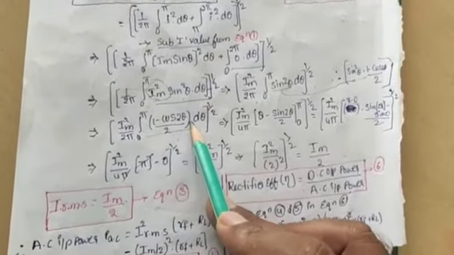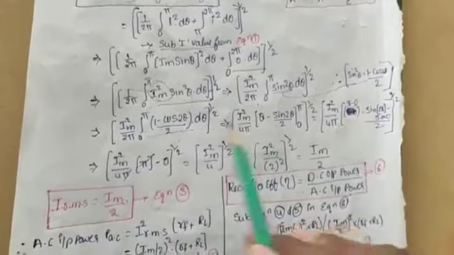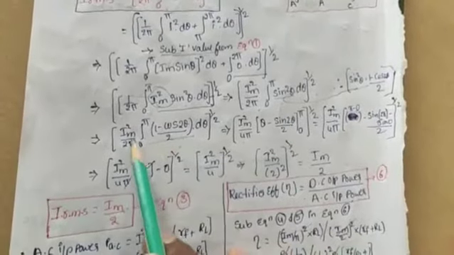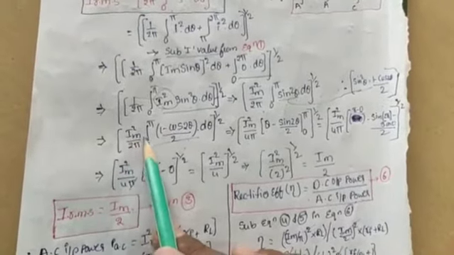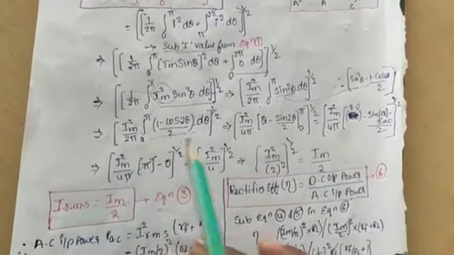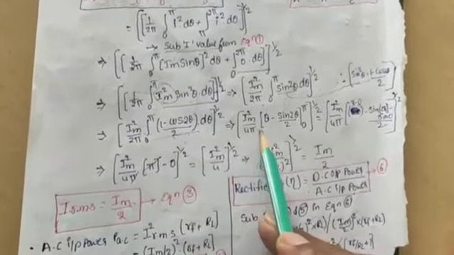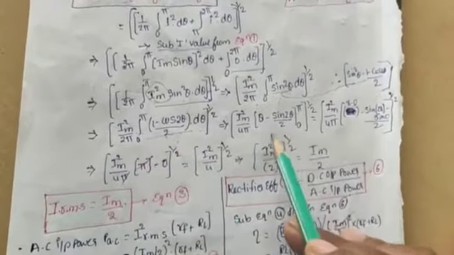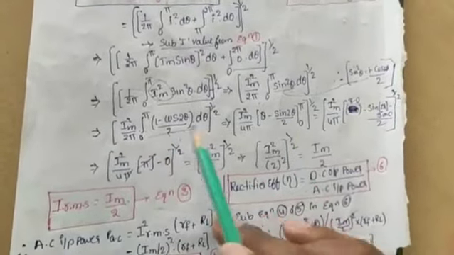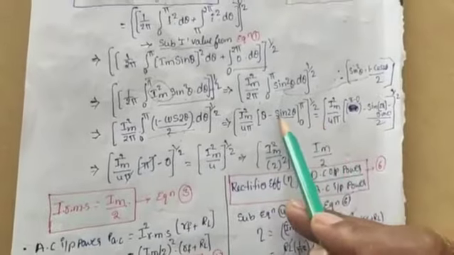Integration of cos 2θ is sin 2θ. Taking common I² m, multiply the 2 to get 4, multiply with 2 into 2, that is 4π, written outside, and simplify the remaining equation.